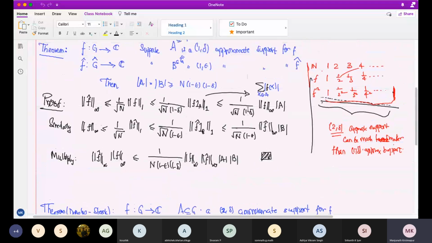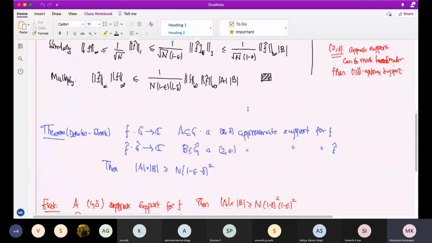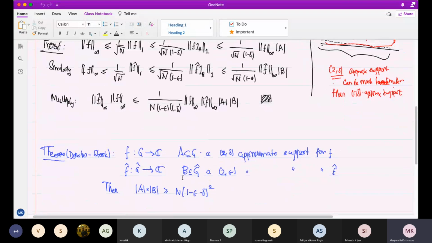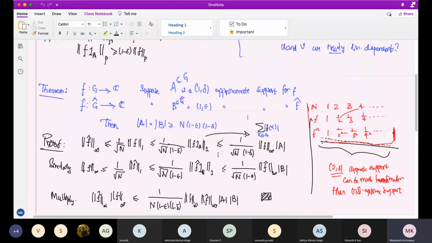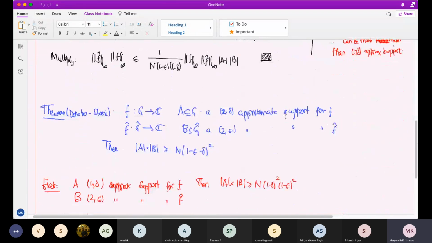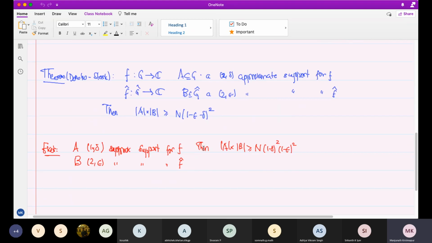But the stronger one is the one that Donoho and Stark proved, that this is also true for 2 delta and 2 epsilon approximate supports. So if f is from G to C, and A is a 2 delta approximate support and B is a 2 epsilon approximate support, then the cardinality of A times the cardinality of B is at least |G| times (1 minus epsilon minus delta) the whole squared.